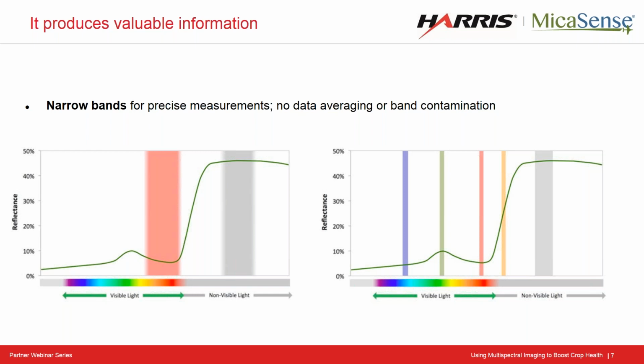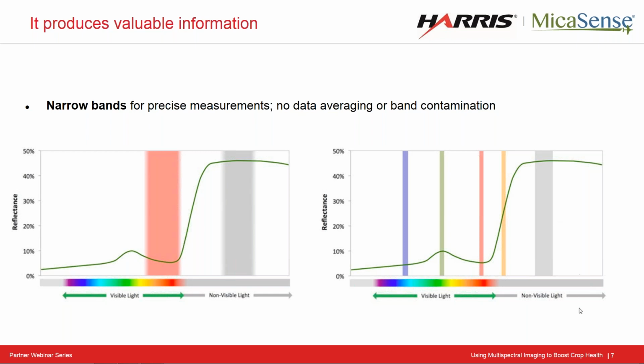On the right-hand side of the screen, we've got a graph showing percentage reflectance on the y-axis from 0 to 50%. On the x-axis, we've got the visible light portion of the spectrum, and then we've got non-visible light. Inside of that graph is a green line that represents the reflectance of a typical plant.